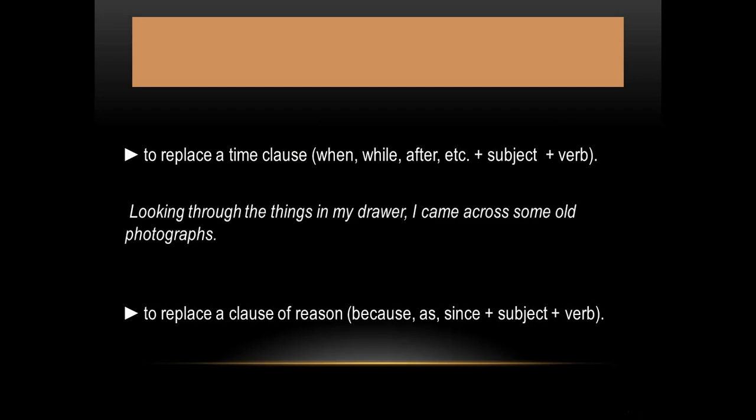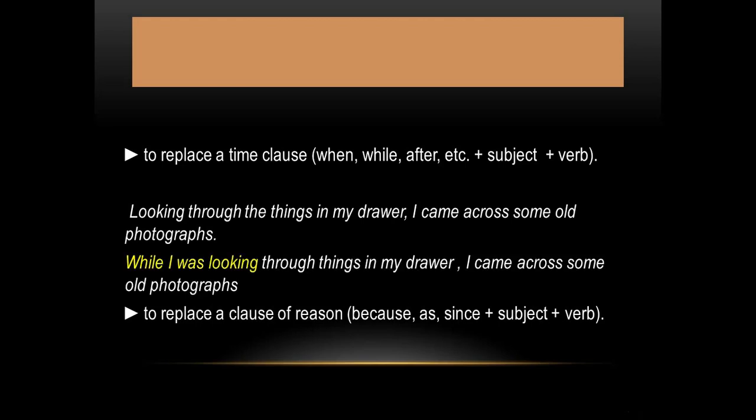Looking through things in my drawer I came across some old photographs. الجملة دي أصلها while I was looking. اوكي. شلت while وشلت I وشلت was وسبت looking، بقت الجملة بهذا الشكل.